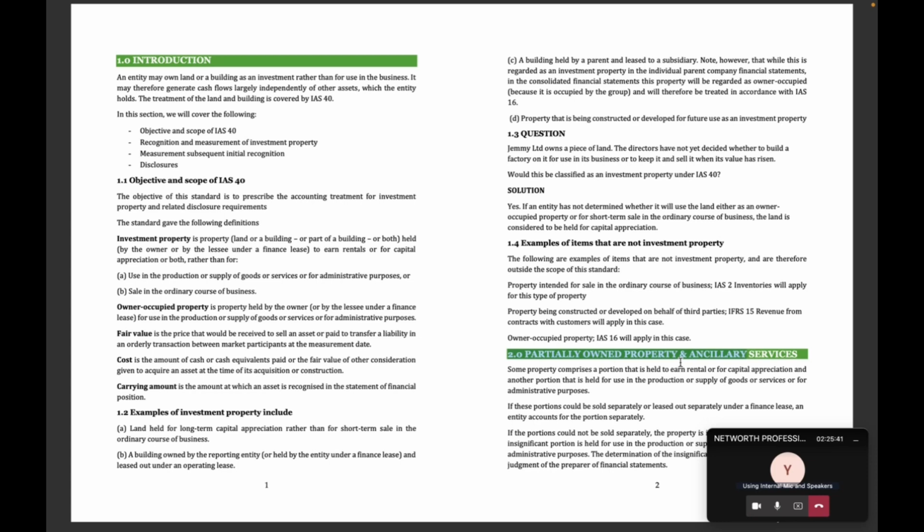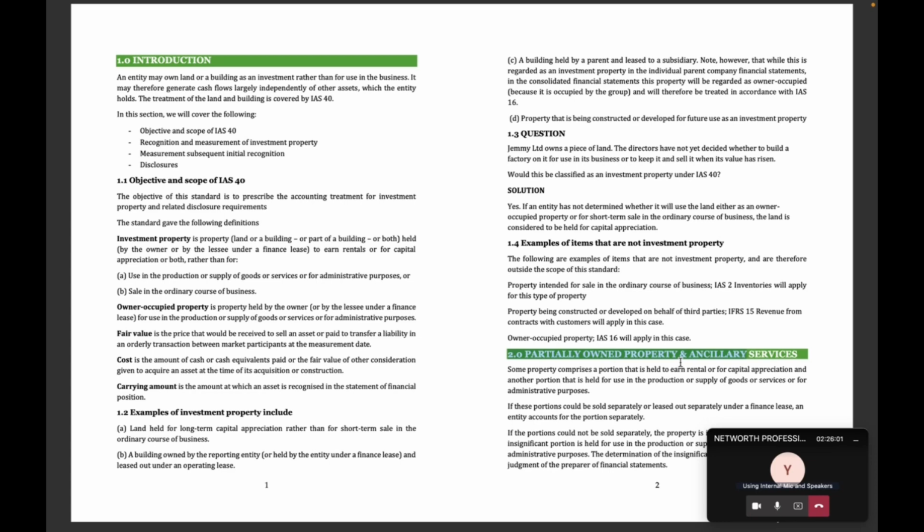That is a partially owned or partial use property. So you are using a portion for administrative purposes, that is for your office use, and another portion for rental purposes.